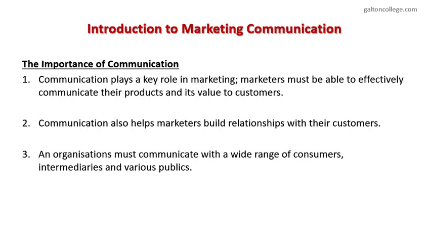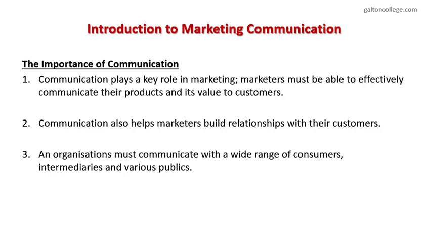An organization must communicate with a wide range of customers, not just the final customers, but also anyone in between in the supply chain. So it's important that information is being collected right throughout the supply chain, but also collected from internally within the business and from raw material suppliers, if that's the nature of the business, coming into the business.